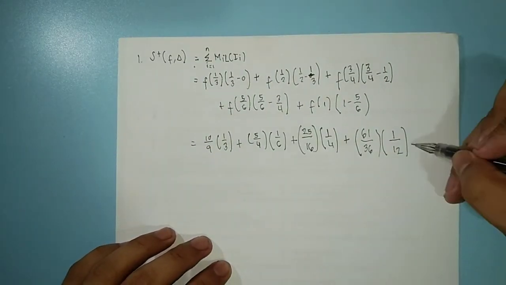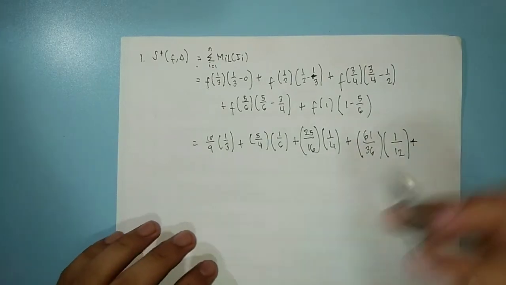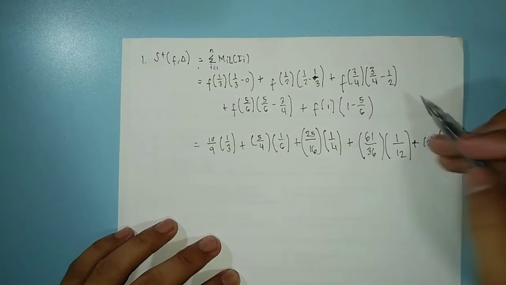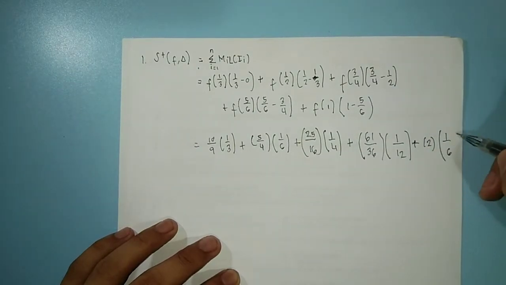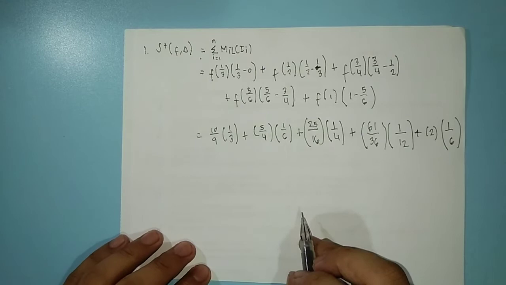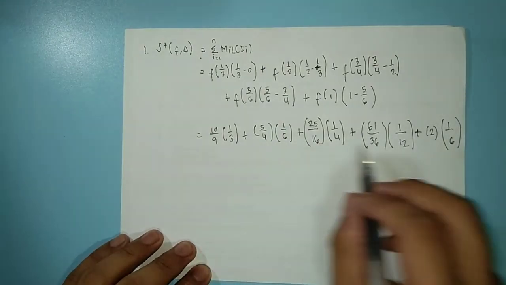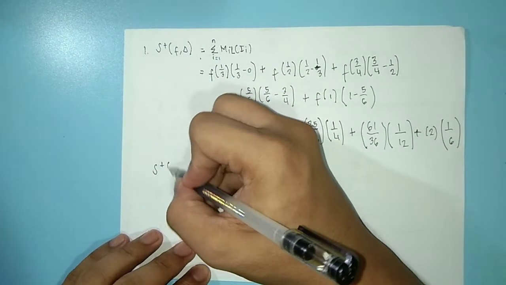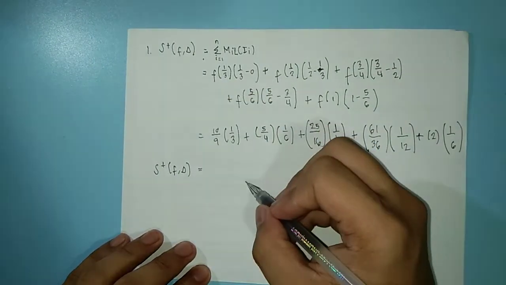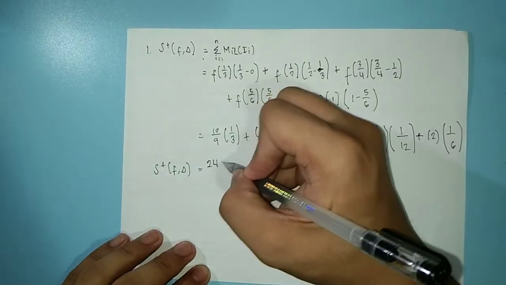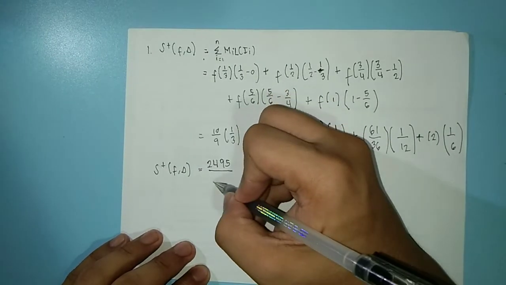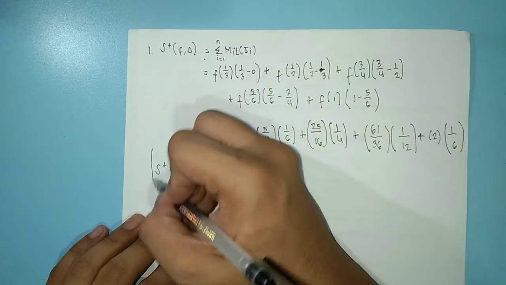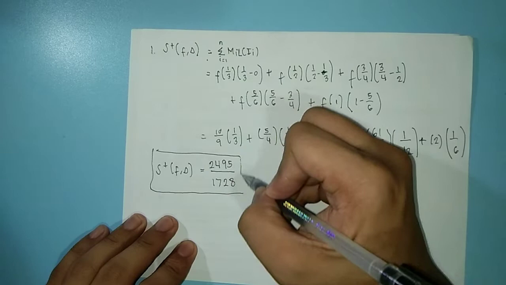Using calculator na lang yan. So, plus, what is f of 1? That is 2. Then, 1 minus 5 over 6, that is 1 over 6. Okay? Now, kung kukomputin natin yan, ang lalabas dyan, for upper Darboux sum, will be 2495 over 1728. Okay, so ito yung ating upper Darboux sum.